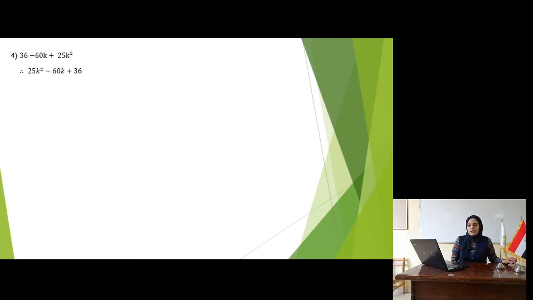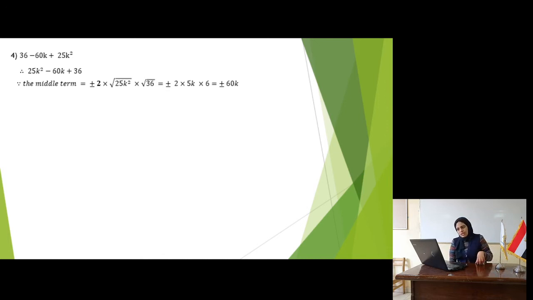Be sure that it is a perfect square trinomial. 25k power 2, 5k. 36, it will be 6. By taking 6 times 5k, it will be 30k, times 2, it will be 60k. We have here the middle is 60k. Okay. Factorize the following way: 5k minus 6 to the power 2.